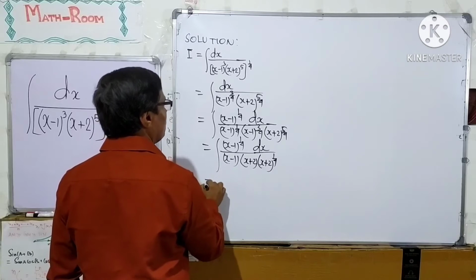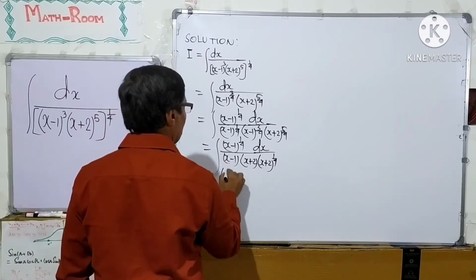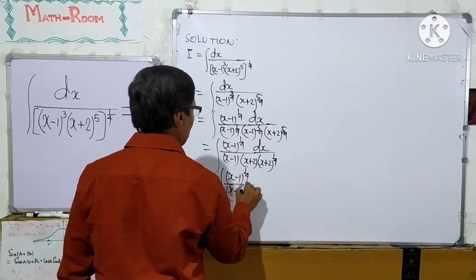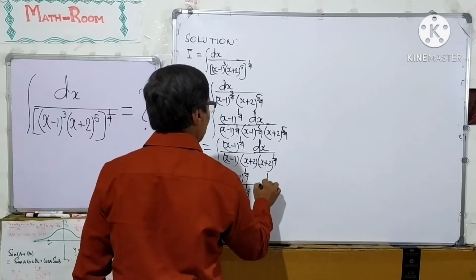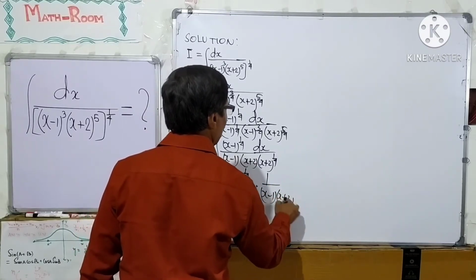Here also we can write this as (x plus 2) to the power 1 over 4 into this.